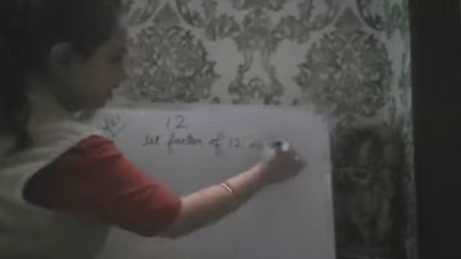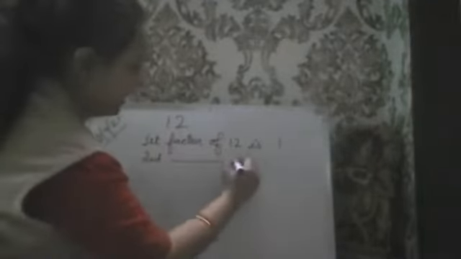Understand? So let's start with 1. Is 1 a factor of 12? Yes, it is. In fact, 1 is a factor of every number. Be it any number, 1 will be a factor of all the numbers. So the first factor of 12 is 1. What is the next factor? Let's talk about 2.